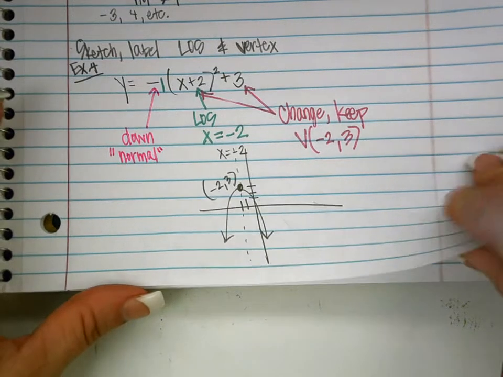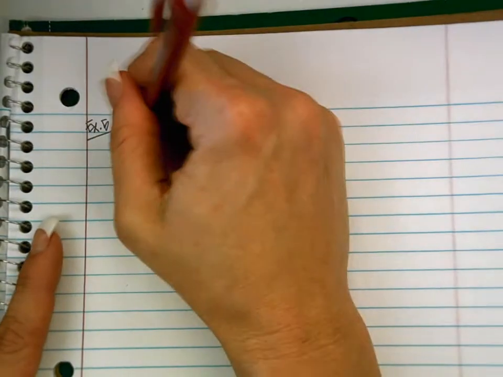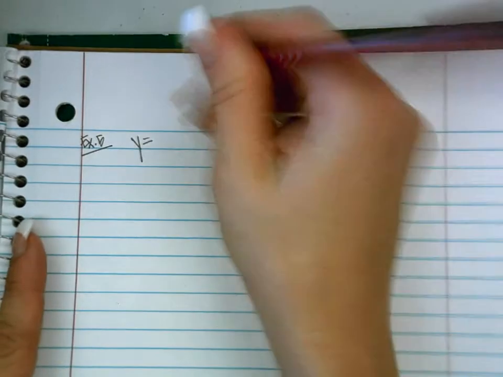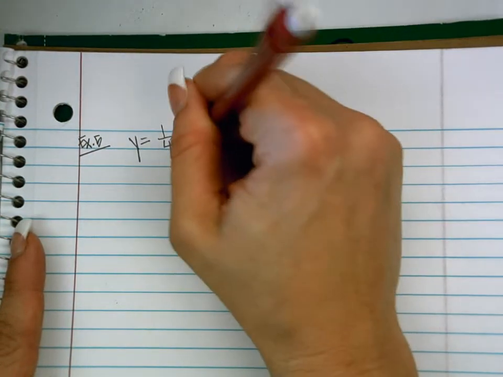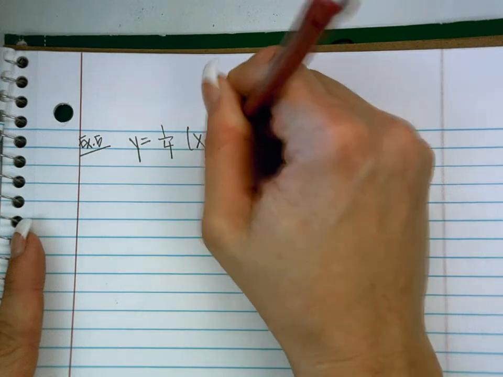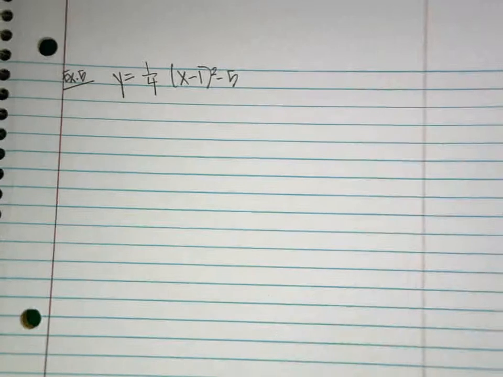Okay? We're not done. Number 5. Again, I'd like you to sketch: y equals 1/4 times x minus 1 squared minus 5.